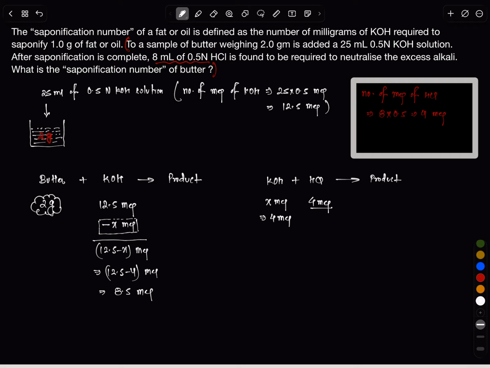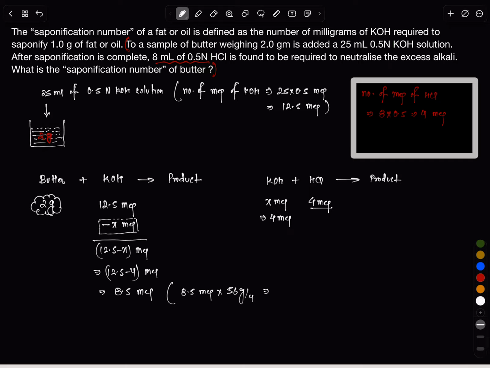So 8.5 milliequivalents of KOH reacted with this butter. What if we have to convert this milliequivalent into mass? We have to multiply it with the equivalent mass. And the equivalent mass for KOH is 56 gram. We have already calculated that. So 8.5 milliequivalents into 56 gram per equivalent, right?